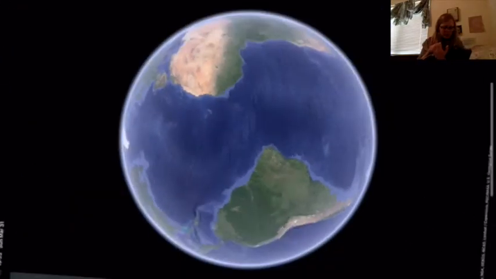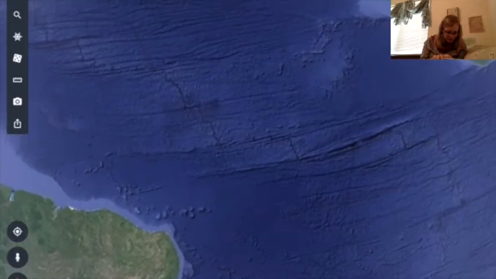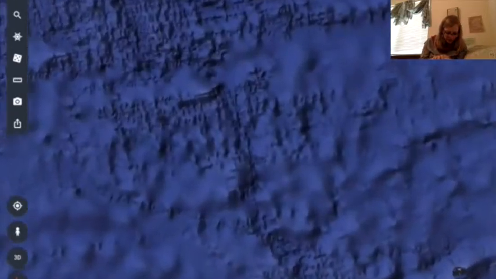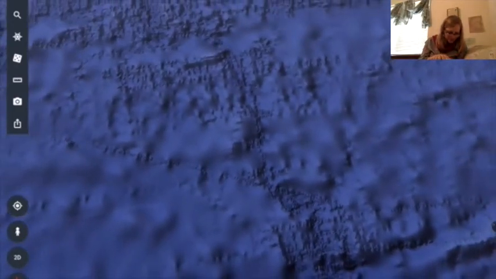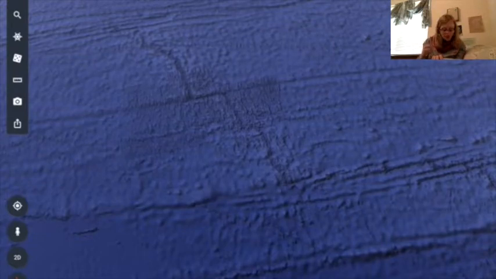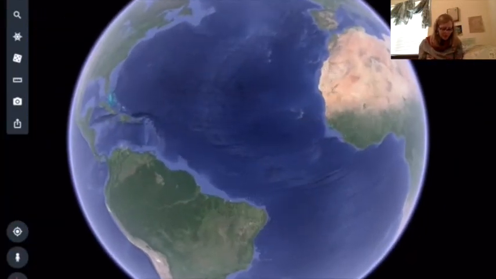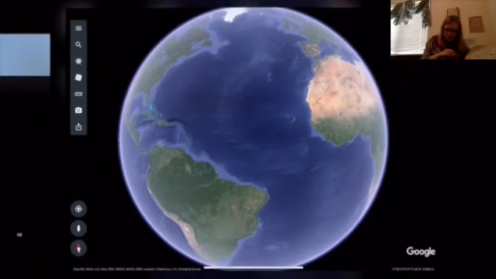You can see this line going down the middle of the ocean, and that's where magma's coming up from underneath and filling in a gap, pushing and making new rock as the continents, as tectonic activity, as the convection cells pull apart this rift. Divergence happening. I wish I could mark on there. That would be really nice.